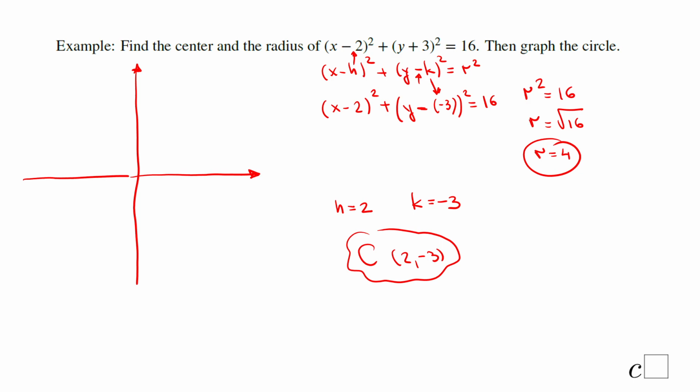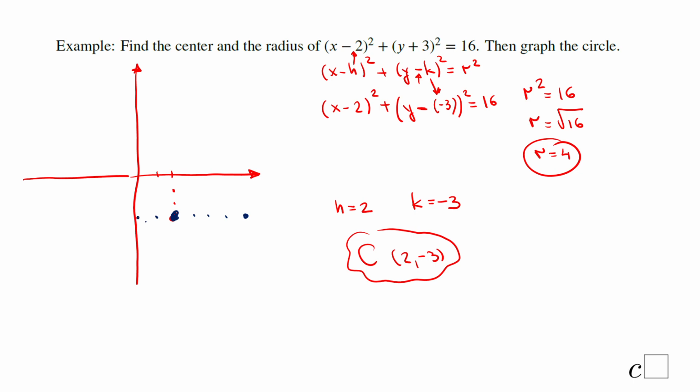So let's see how that looks. The center is (2, negative 3), so I'm going to go 1, 2 and 1, 2, 3 down. This is the center. Let me change the color. And then we need to use this radius of 4, so I'm going to count 1, 2, 3, 4 in each direction. Of course, graph paper will be helpful.